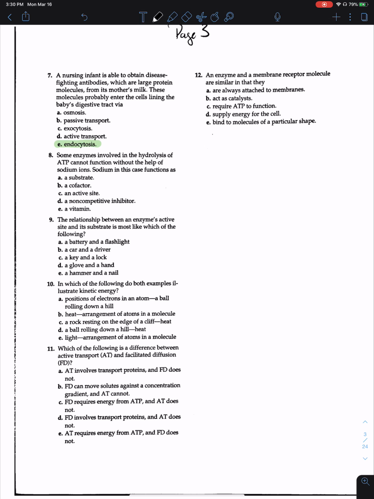For number 8, some enzymes involved in the hydrolysis of ATP cannot function without the help of sodium ions. Sodium in this case functions as a cofactor, something that's helping a chemical reaction.